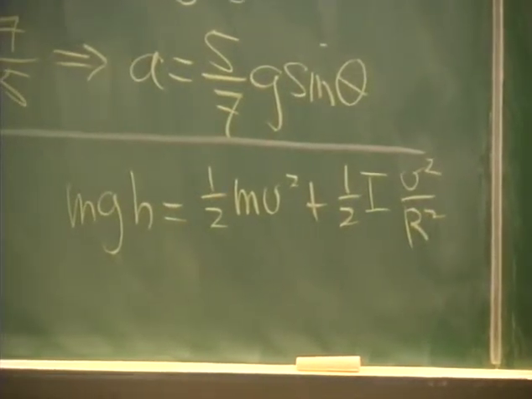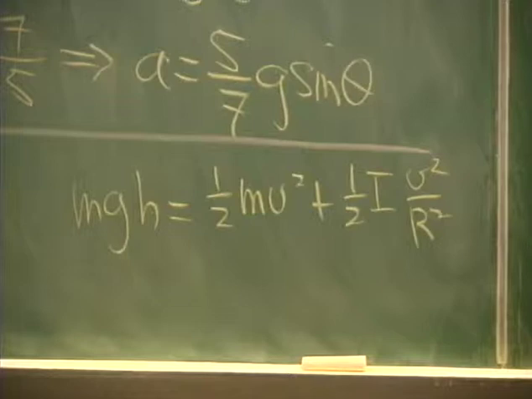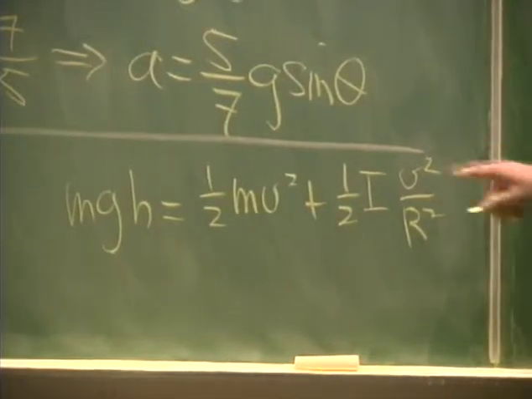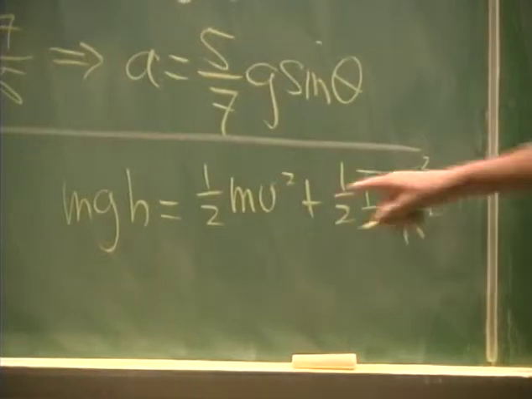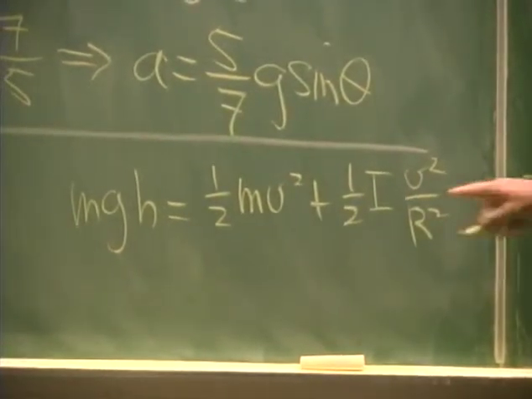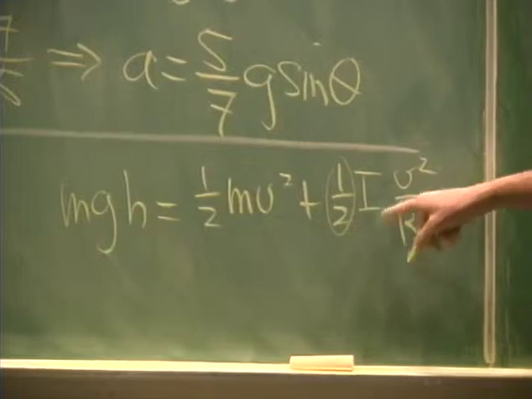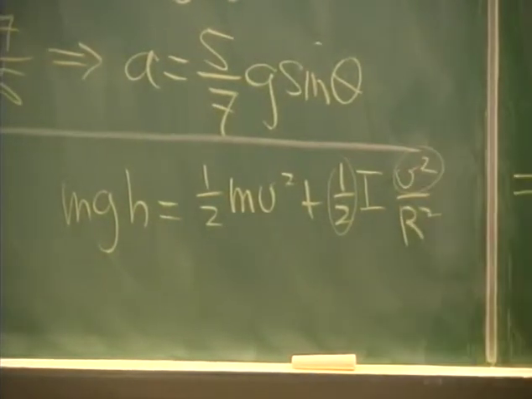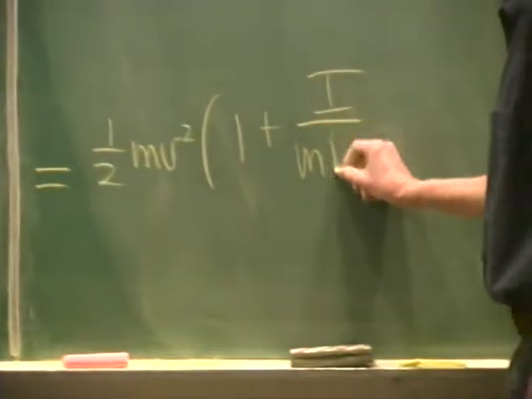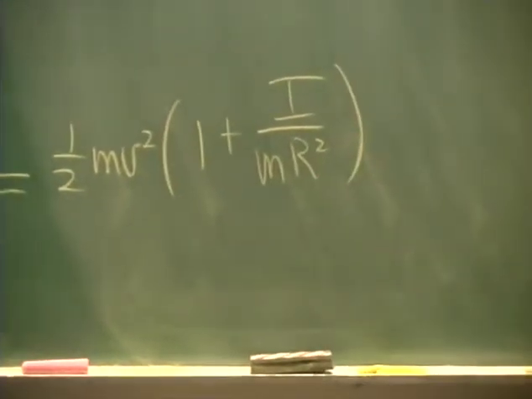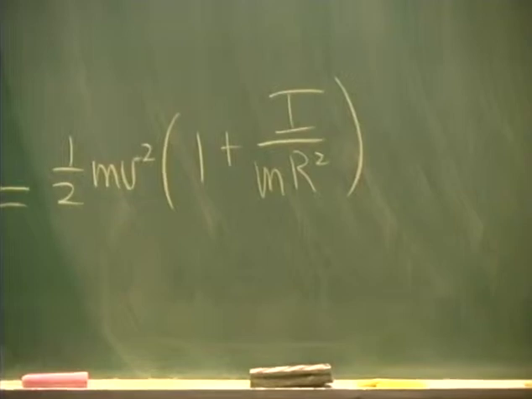I'm trying to find the velocity that this thing has at the bottom. So let's factor out, in fact I'll factor out 1/2 mv squared while I'm at it. The first term is just 1/2 m, I'm going to have to put an m in the denominator, and v squared, so it would be plus I over mr squared. That same factor, I over mr squared.